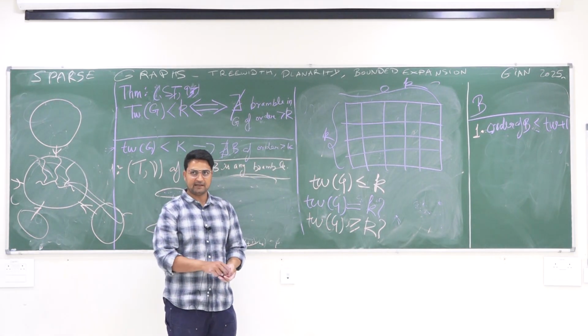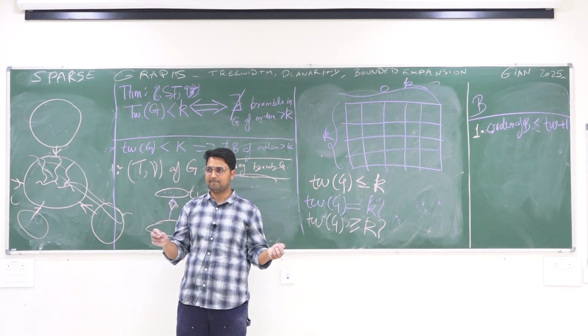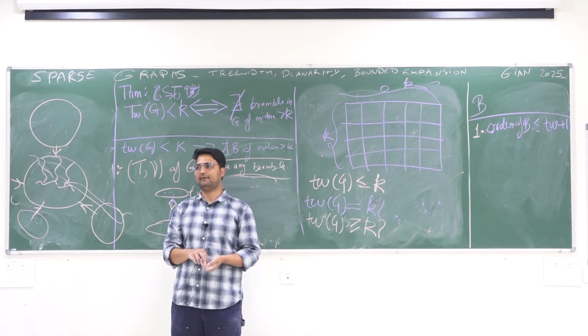In this direction, we need to show that there exists a bramble of order K.